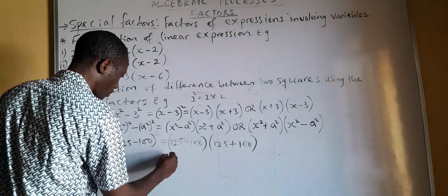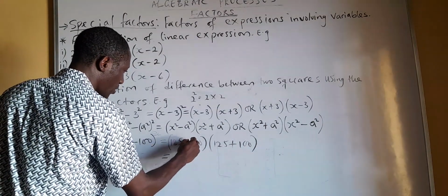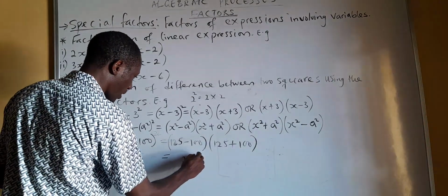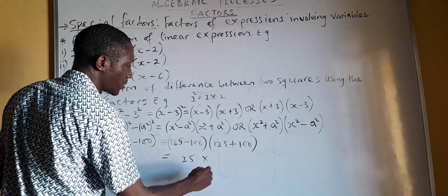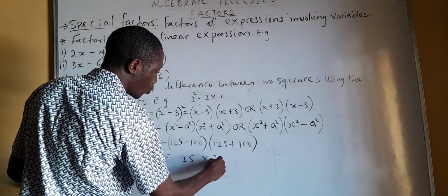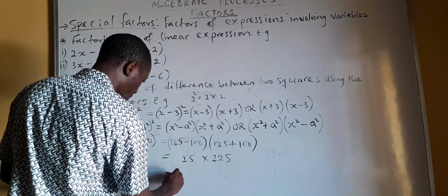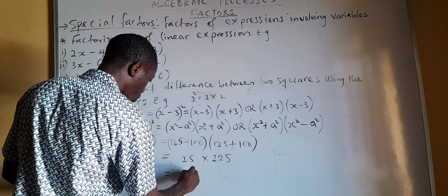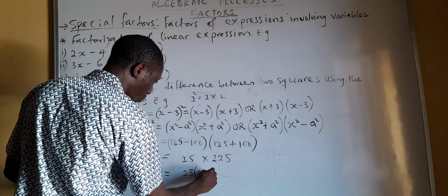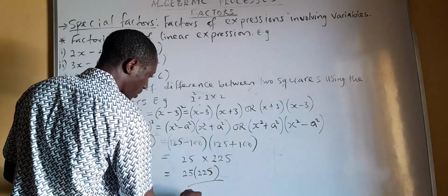So if I express this, that's 125 minus 100, it will give me 25, then multiplied by the addition of these together, which will give me 225. So together you say the answer is 25 times 225, in brackets (25)(225), either in this order or in this order.